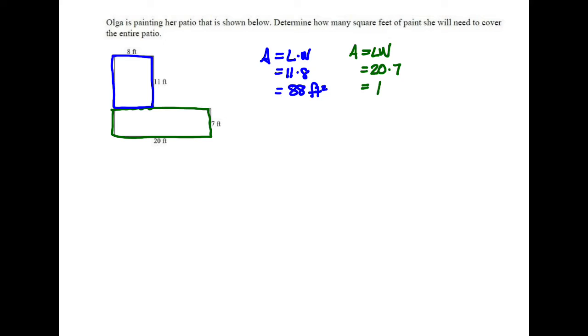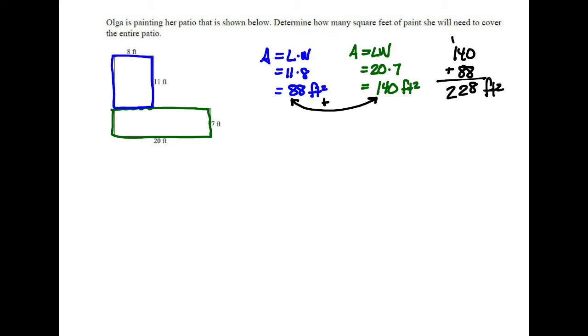So 2 times 7 is 14 with the 0 on the end, and it's feet squared. To get our final answer, we're going to add these two together. So 140 add 88, and we get 228 square feet.